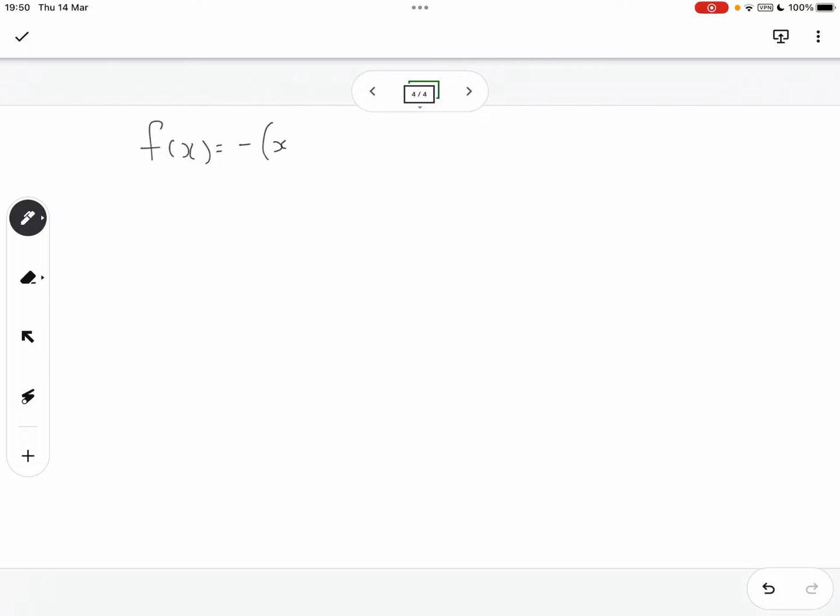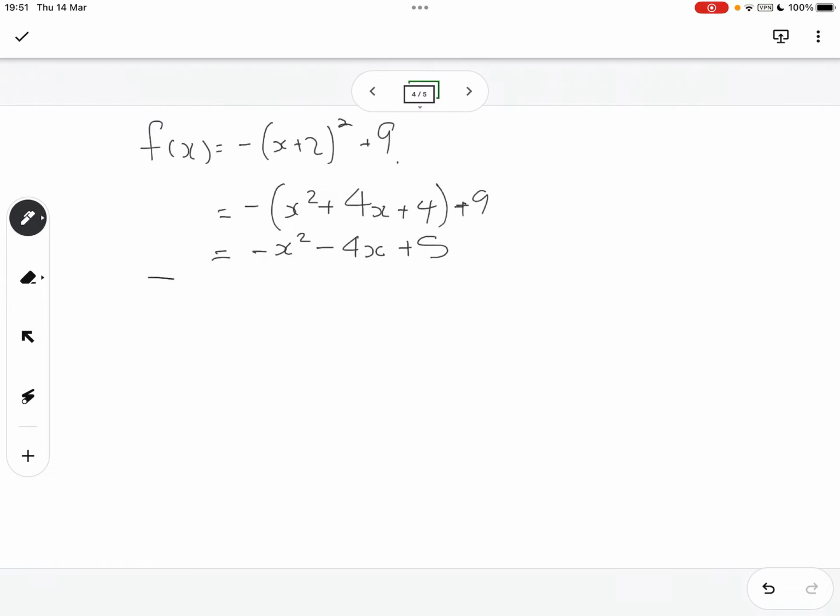Yeah. And this then means that our equation is f of x equals negative 1 into (x plus 2) all squared plus 9, which we can say is negative 1 into (x squared plus 4x plus 4) plus 9, which is negative x squared minus 4x minus 4 plus 9, so minus x squared minus 4x plus 5, right?